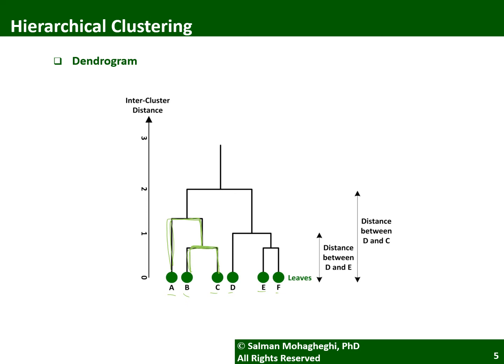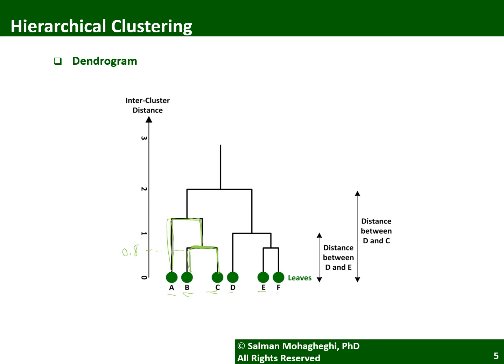Here, essentially the height at which these branches merge indicates how different the data instances are. So when you look at B and C, and let's say these are 2 data instances, I calculate the distance between the 2, and that distance turns out to be 0.8. So then I will merge these 2 at a height of 0.8.